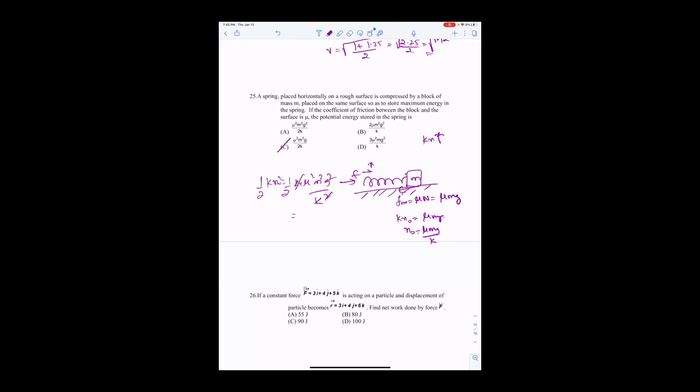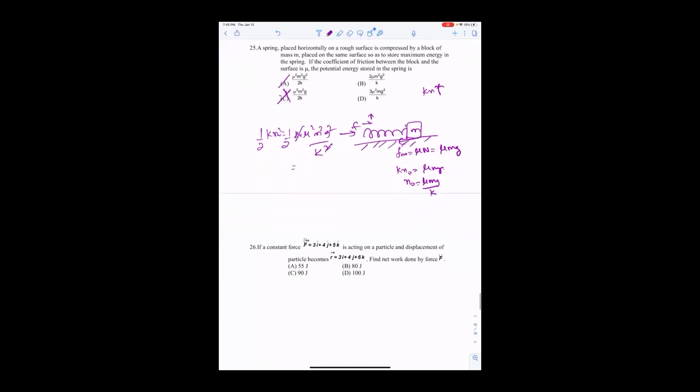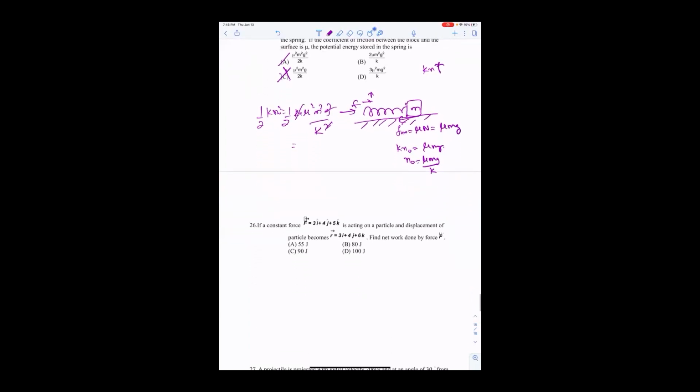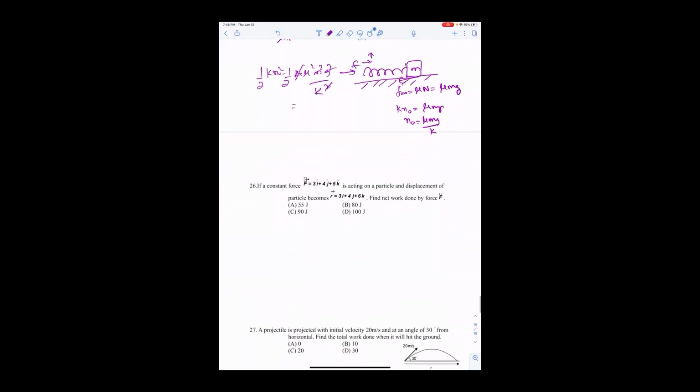Yeah, mu square m square g square by 2k. On option A it is g square, I guess. So 1k gets cancelled. That's it.